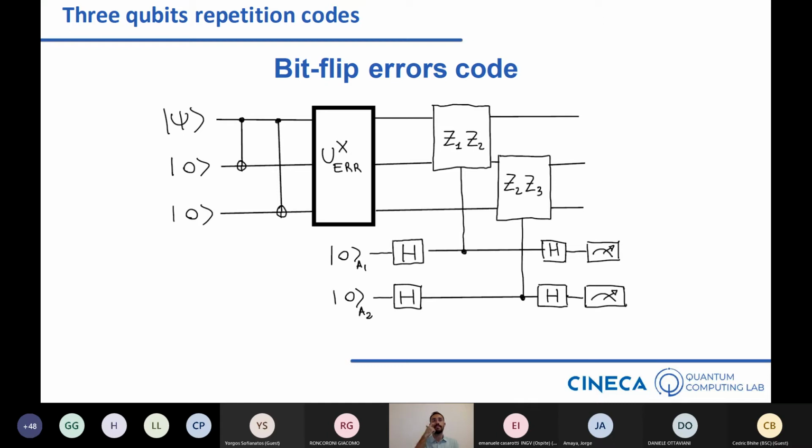And this is basically the circuit that implements the correction of the bit flip error.